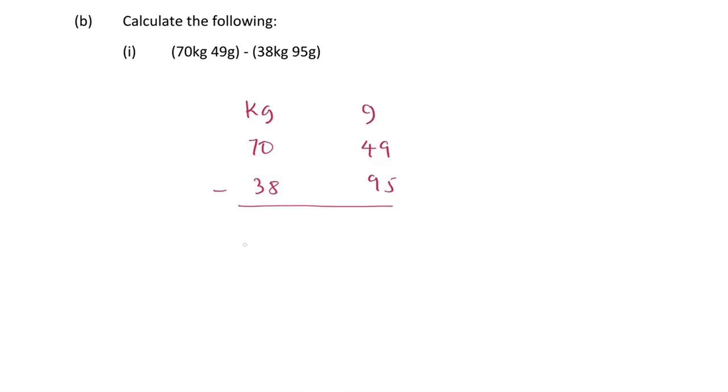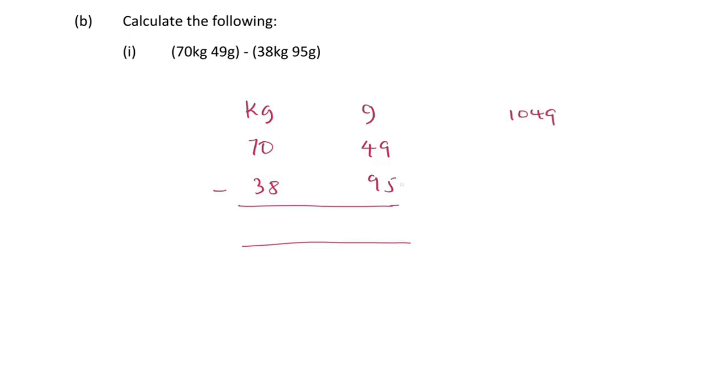We are going to start by taking 49 grams minus 95 grams, which is not possible. Then we are going to take 1 kilogram, which is equivalent to 1000 grams, from this 70 kilograms, and then we are going to add them to 49 grams. This becomes 1049 grams.